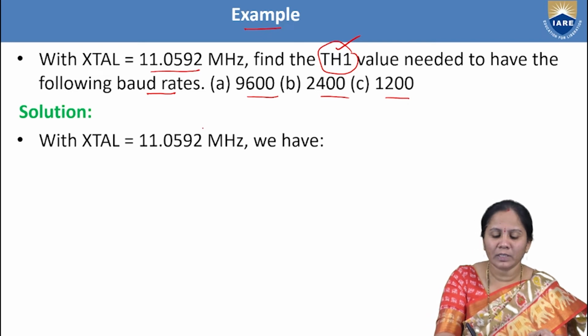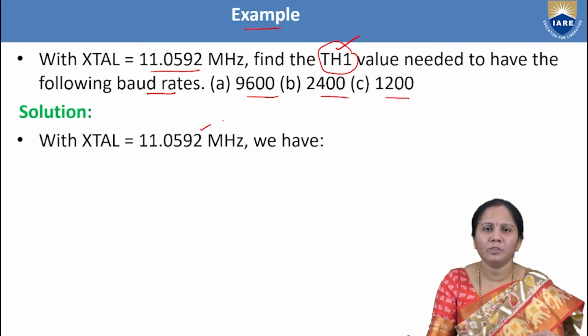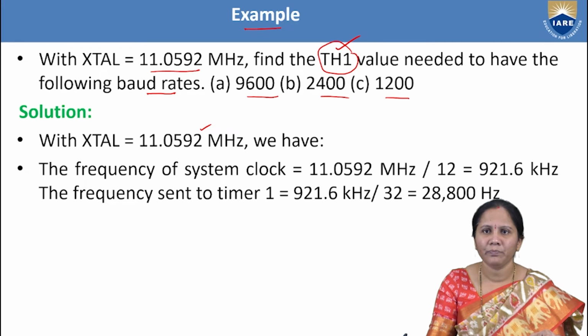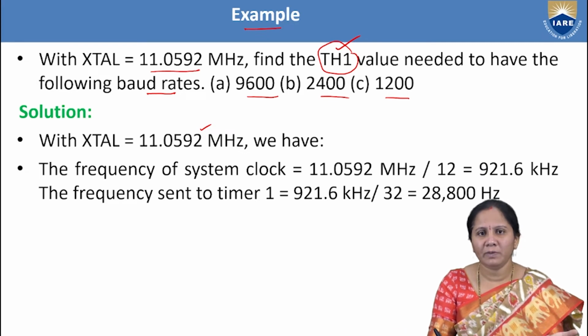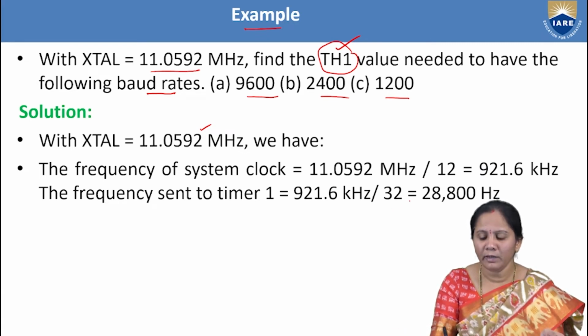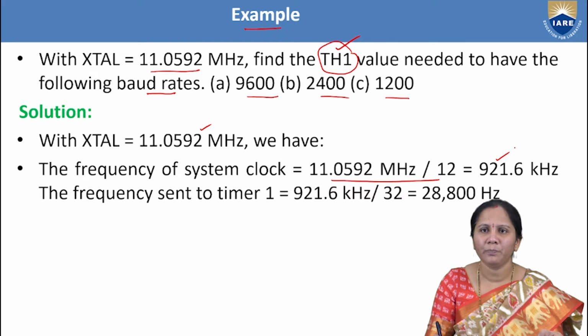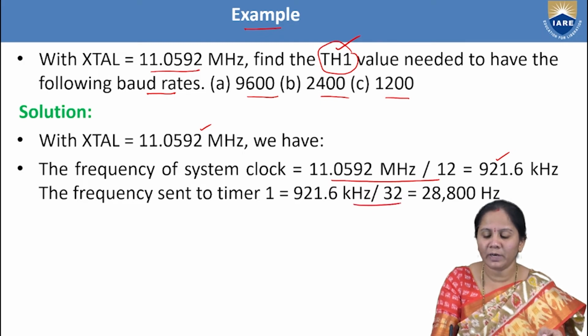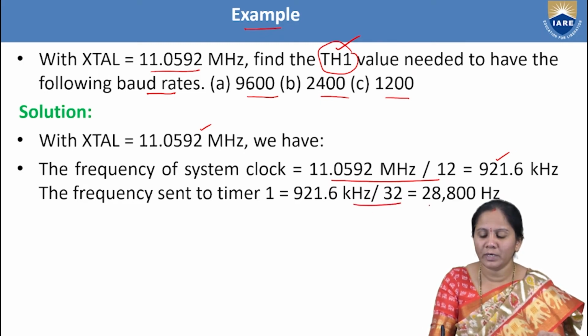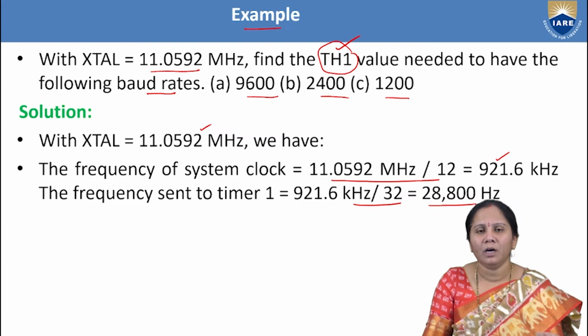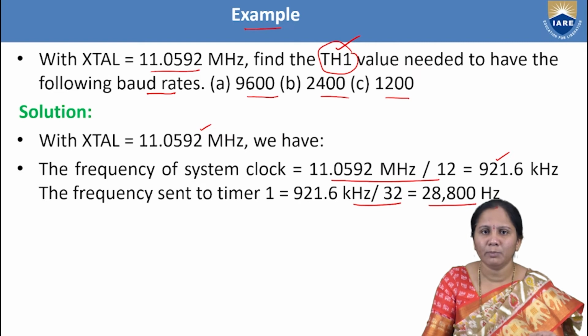As we know, the given crystal oscillator frequency is 11.0592 megahertz. Based on the previous procedure to set the baud rate, first that frequency should be divided by 12. We get 921.6 kilohertz. And that frequency should be divided by 32 in order to get the baud rate frequency in order to set the baud rate.